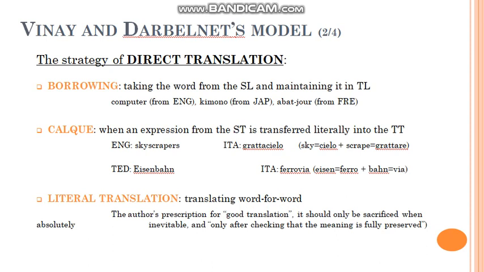These are different words which can be categorized in different languages. And literal translation is word for word translation, meaning the authors' prescription for good translation is that it should only be sacrificed when inevitable and only after checking that the meaning is fully preserved.